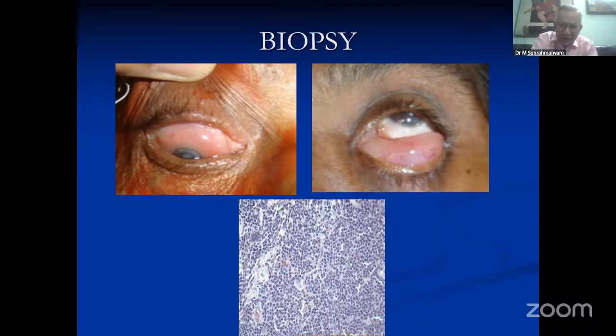Once you see this case, you take a biopsy, and the histopathology shows lymphoma. This is a typical picture of lymphoma with round cells, hyperchromatic nucleus. So, the patient has been referred to a radiation oncologist for further evaluation and radiotherapy.